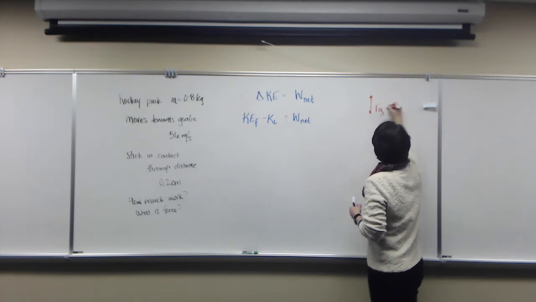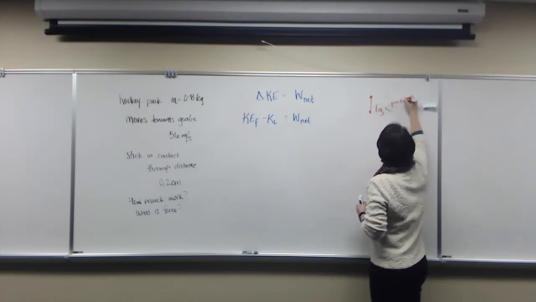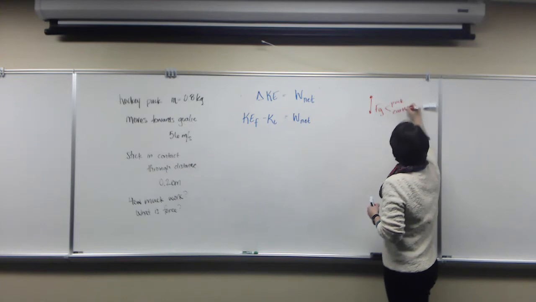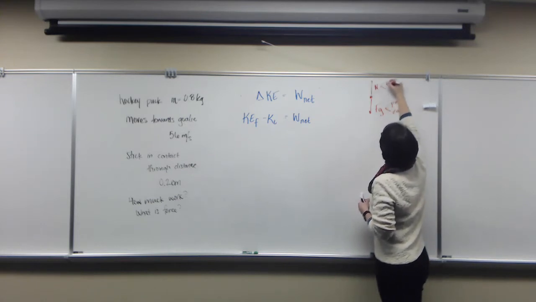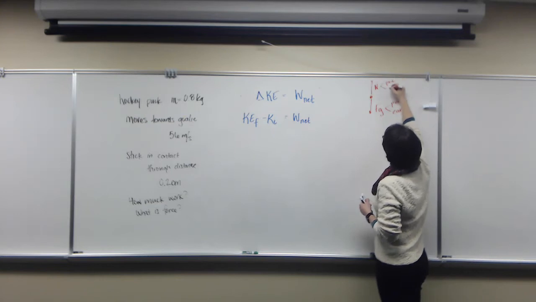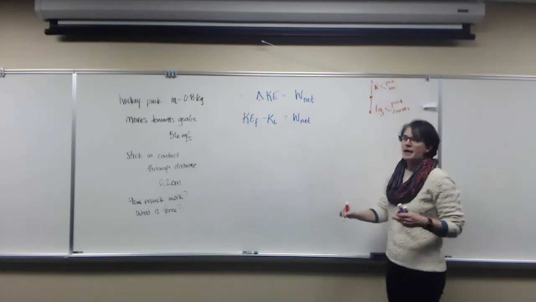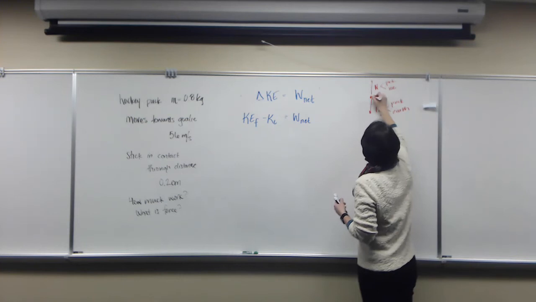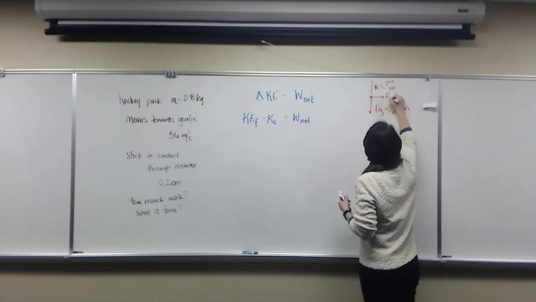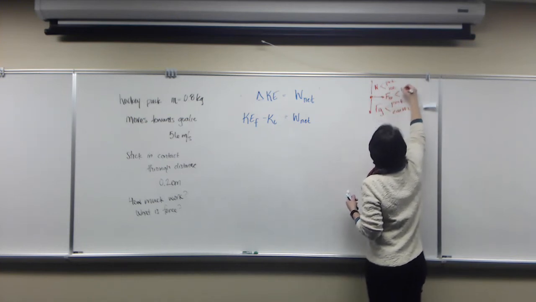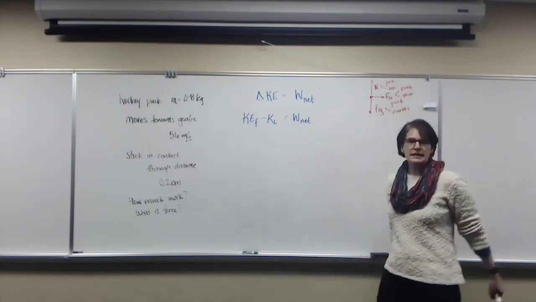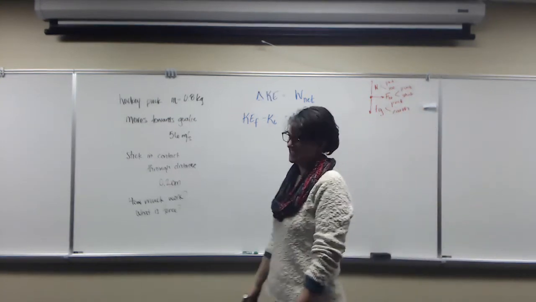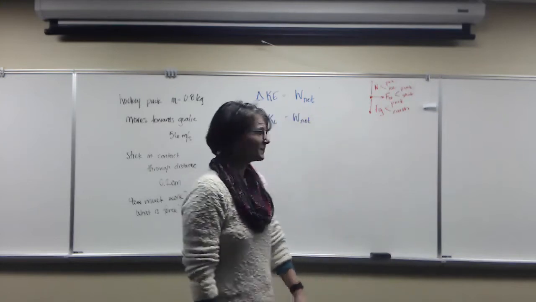Well, we have the force of gravity between the puck and the earth. We have the normal force between the puck and the ice. And then we have the force of the stick between the puck and the stick. And we will assume frictionless, but if we didn't assume frictionless, we'd have to add that one in too.